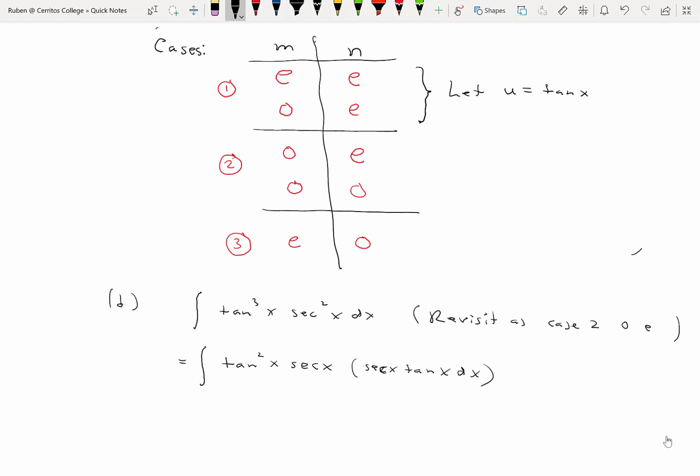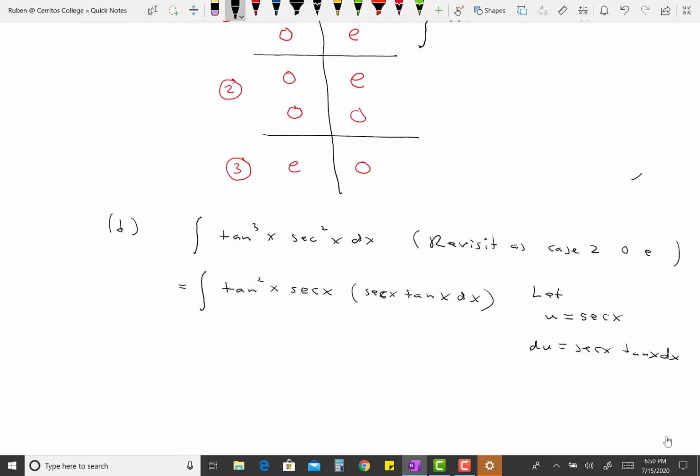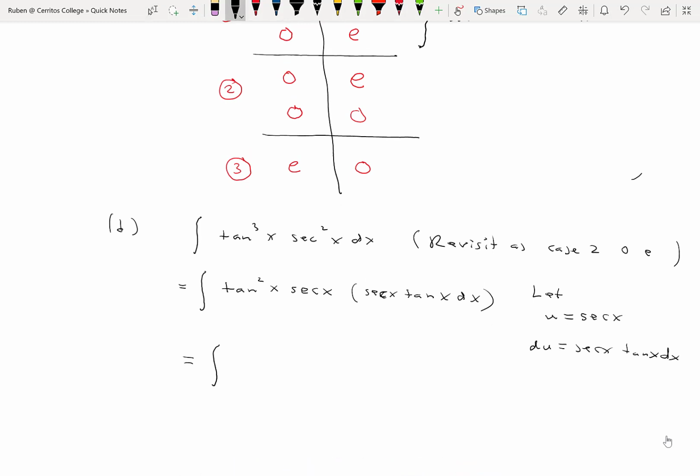So what do you think we let u equal? I want to let u equal something so that du equals secant tangent. So u needs to be secant, and du equals secant tangent. And this is one of the things I reminded us about earlier before the lecture really got started. Then make the substitution. I can't do it right away because I have tangent squared. I need u to be secant.